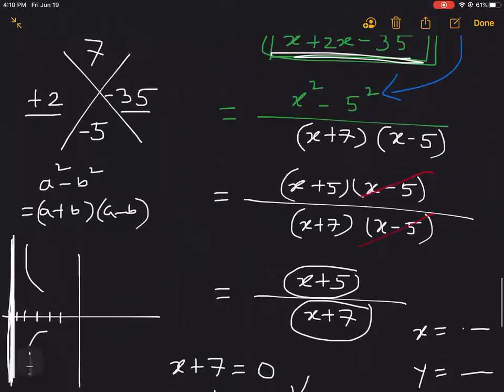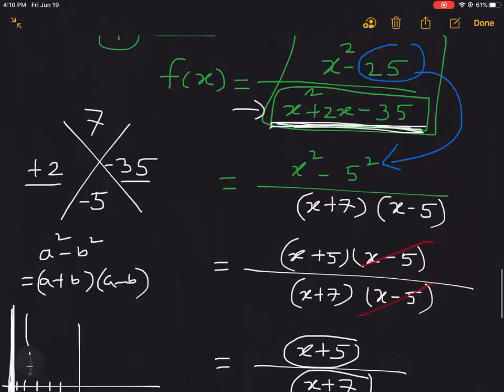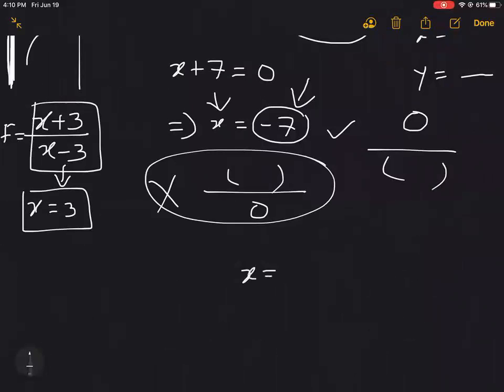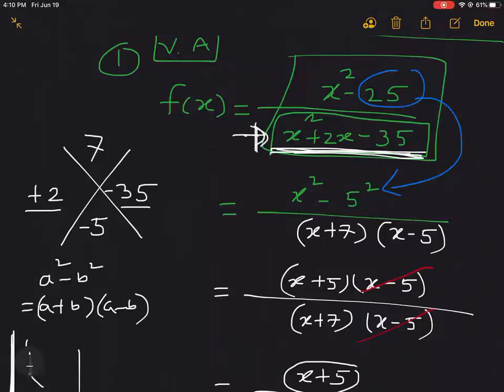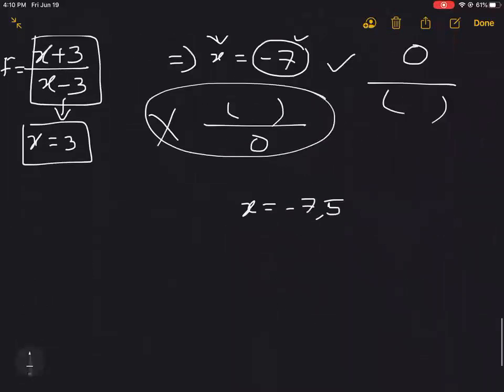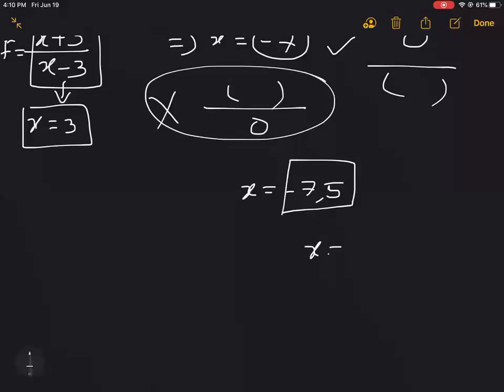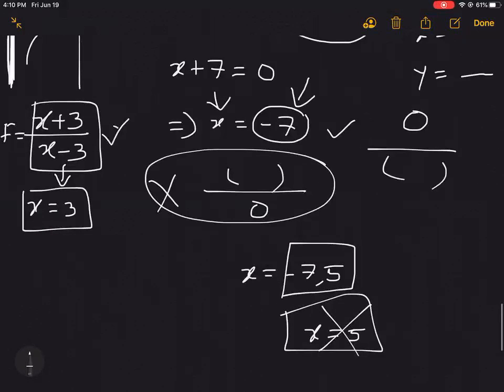Otherwise, if you set this to 0, you will actually get two results: x equals -7 and x equals +5 as well. If you set that to 0 straight away without writing in the lowest form, you will get two results, which is wrong. X equals positive 5 is not at all a vertical asymptote. So that's why you want to write the function in the lowest terms first, then set your denominator to 0. But if it's already in the lowest terms, then you can always eyeball it and set your denominator to 0.